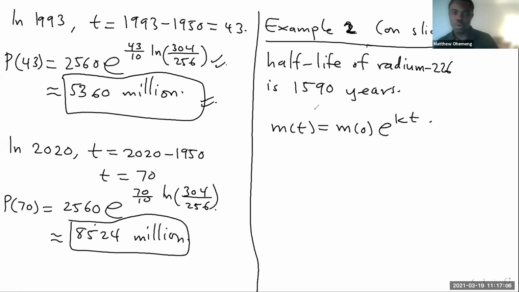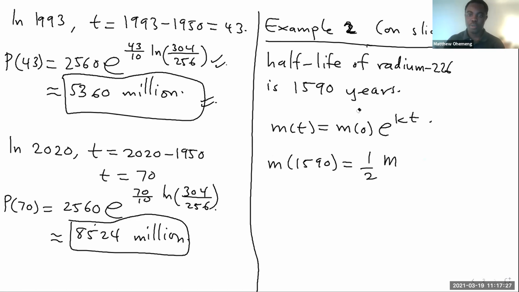If you are told that the half-life is 1,590, what that means is that m of 1590 will be equal to half the initial mass.